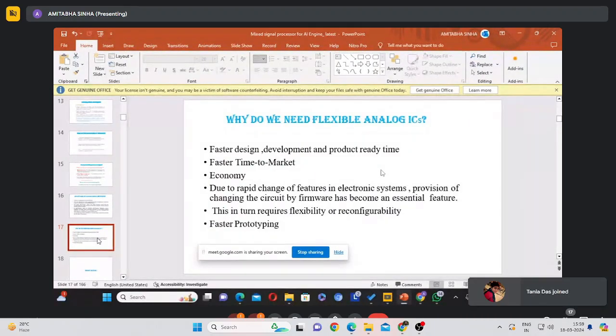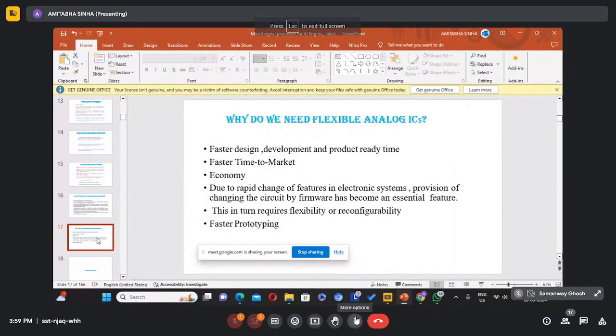So basically, the change will be done by changing the firmware. Firmware means the software in the bit level, which will be stored permanently. And if permanently in the sense like whenever it will be stored for FPGA or FPAA or CPLD, the characteristics of the hardware will be changed. So this in turn requires flexibility or reconfigurability.